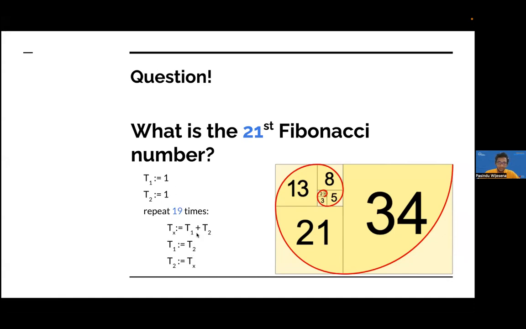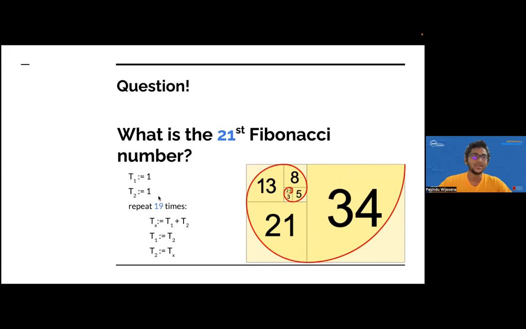In T1, we are going to store the current T2 value. And in T2, we are going to store the newly computed Tx value. When we repeat this 19 times, we are going to end up with the 21st Fibonacci number. So I have another question here. In which variable would we have the 21st Fibonacci number at the end of this small pseudocode? Would it be T1 or T2?